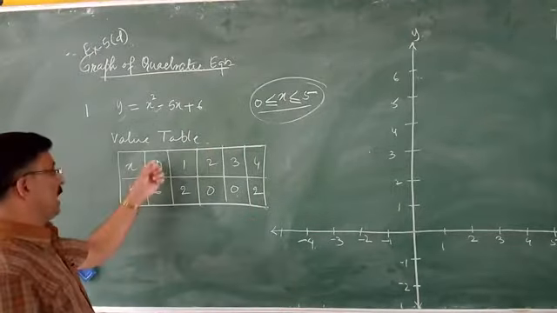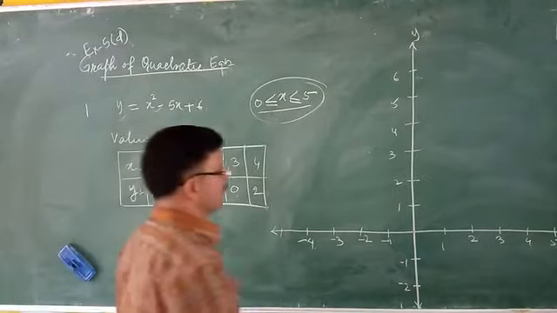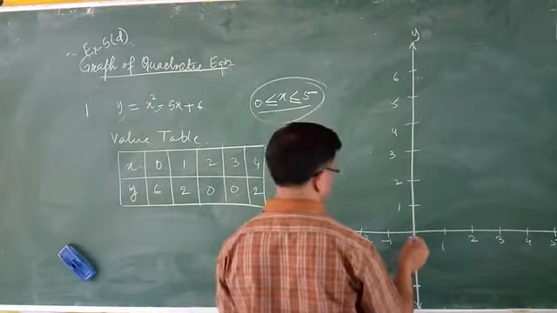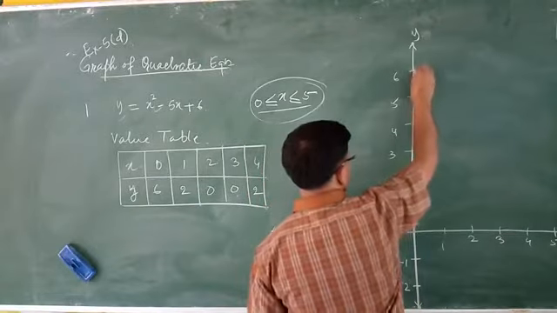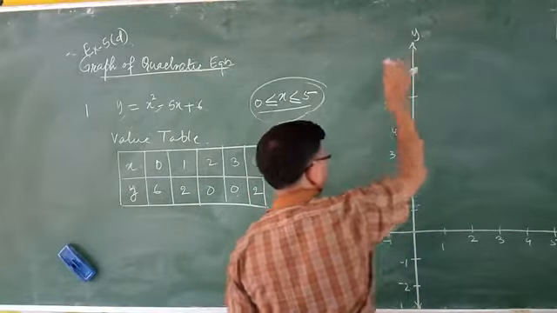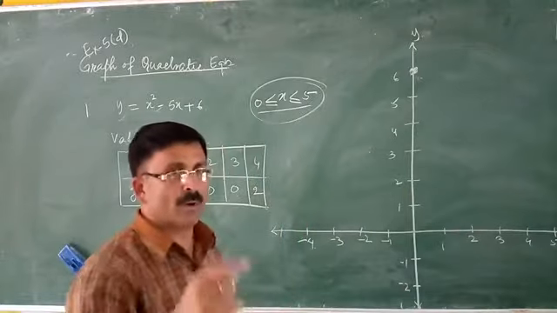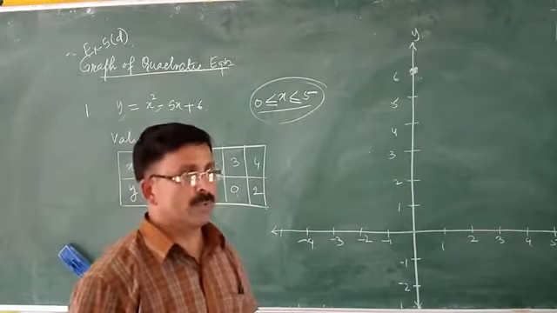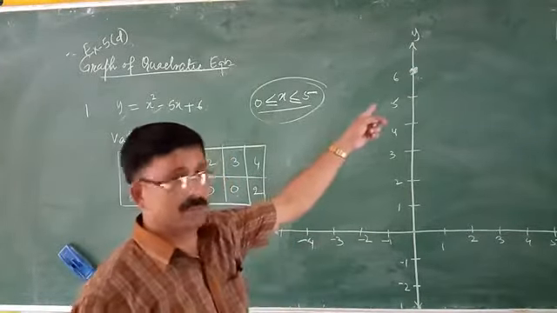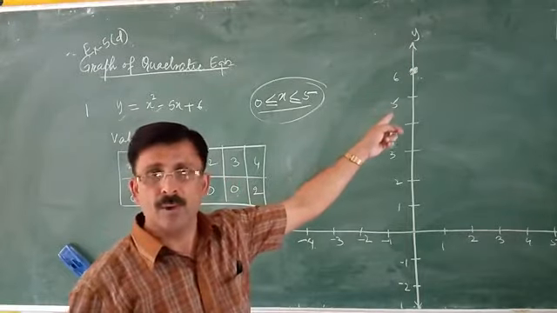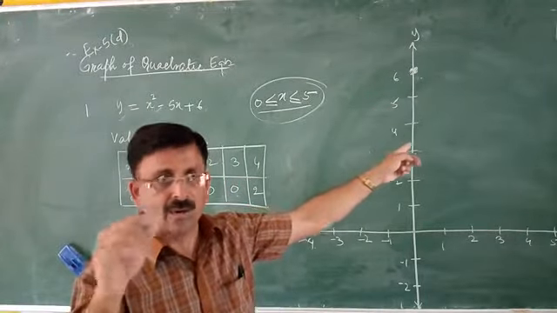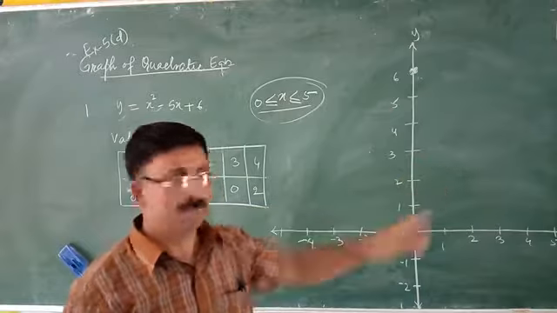So the first point is x 0, y 6. So this is your point number 1. Is this okay? Yes, sir. In your notebook, on your graph paper, you do not have to cut for so many times because it has to be only a point and then put a circle around it when you draw the graph.